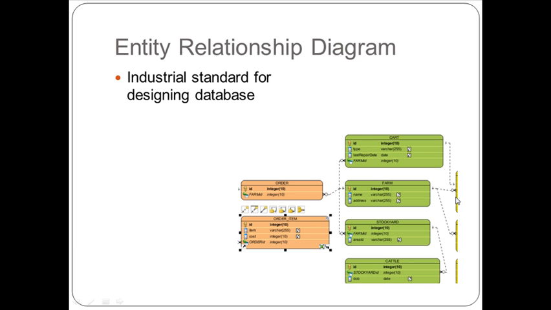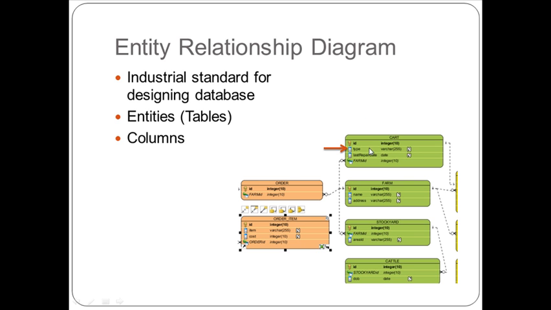When talking about database design, the entity relationship diagram will come to mind. It is a classic, everybody knows what it is, but let me do a very quick introduction in case you don't. The entity relationship diagram is an industry standard for designing databases. You can use it to show the entities, the tables in the database, like this card.